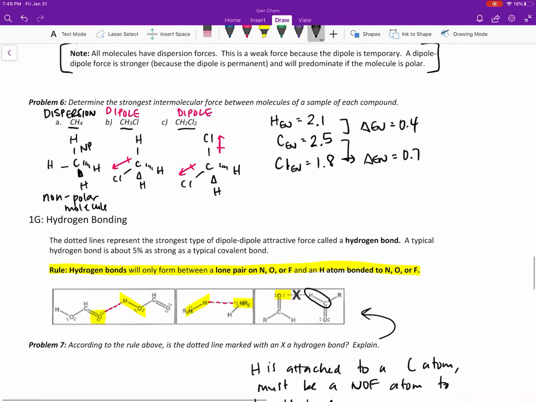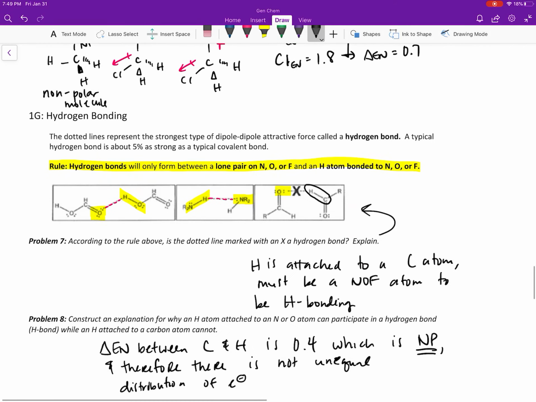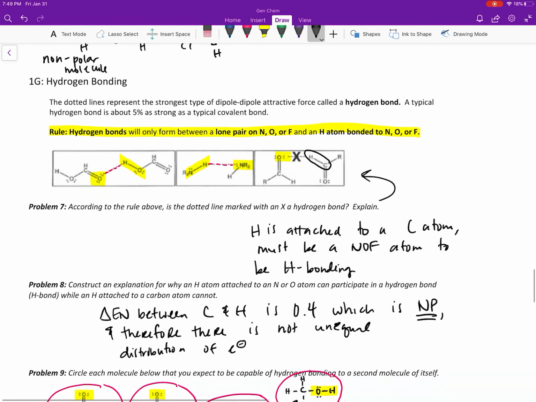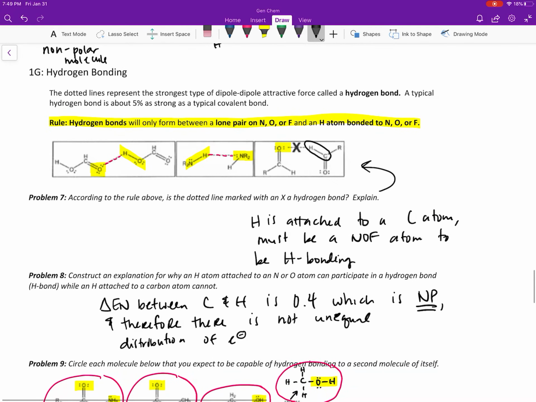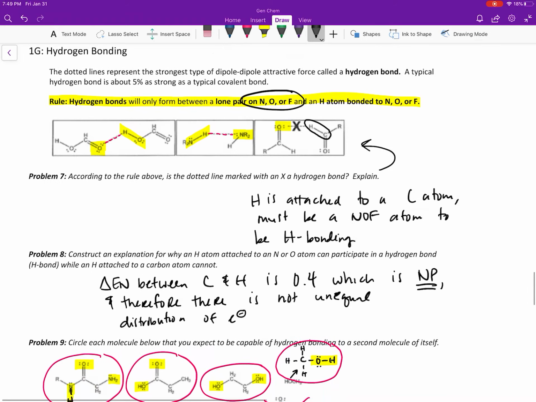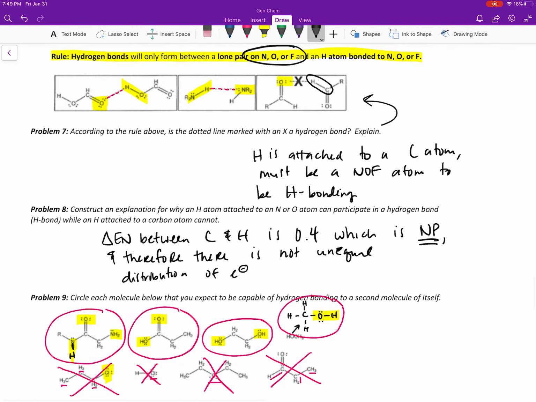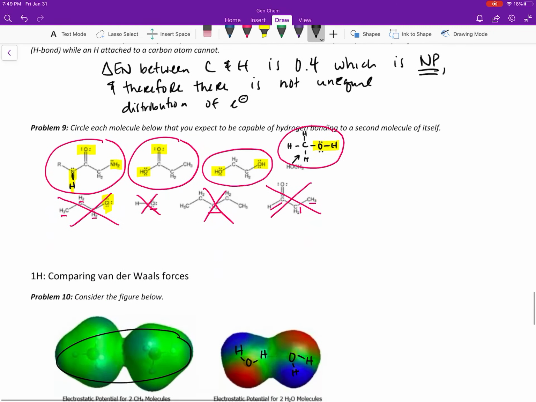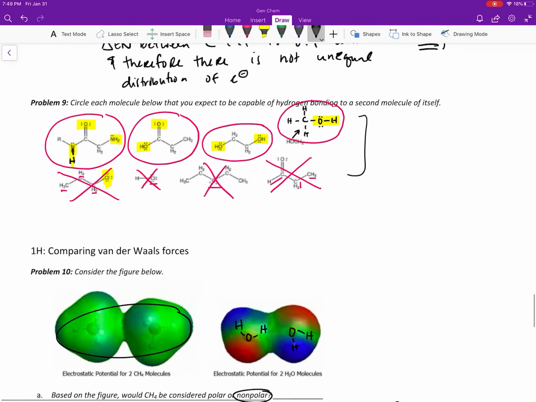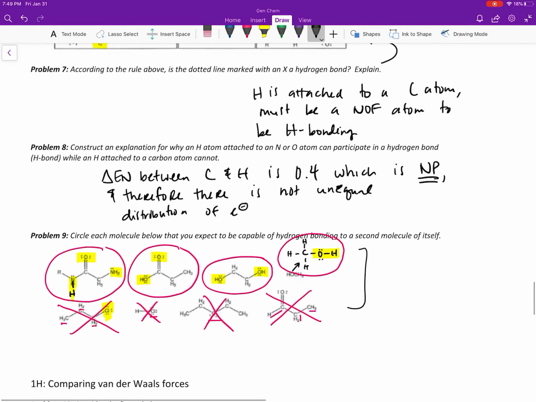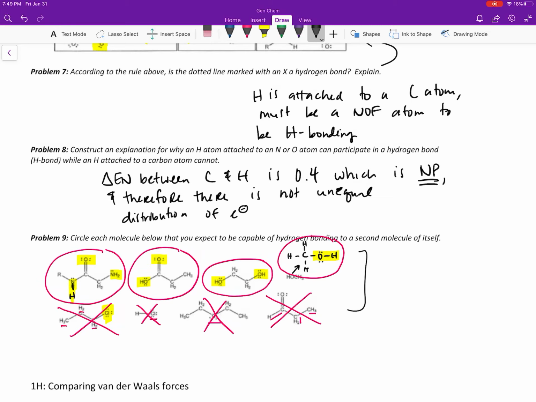So we looked at some examples, geometry, dipole moment along the bond, and then we talked about hydrogen bonding. The importance here is that for hydrogen bonding, you must have an N, O, or F present, and we looked at some examples of hydrogen bonding, and then some examples of what could and could not hydrogen bond to itself.